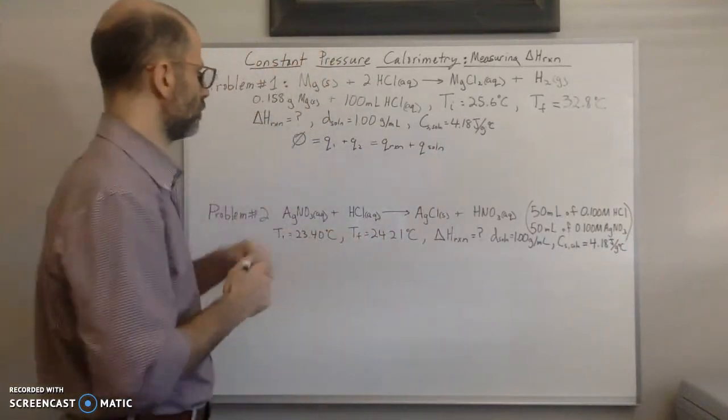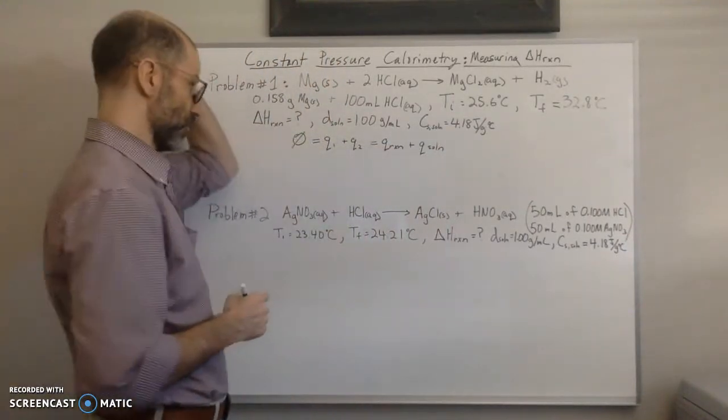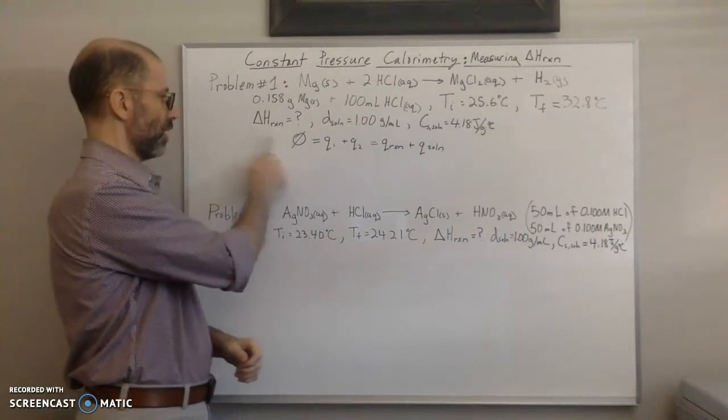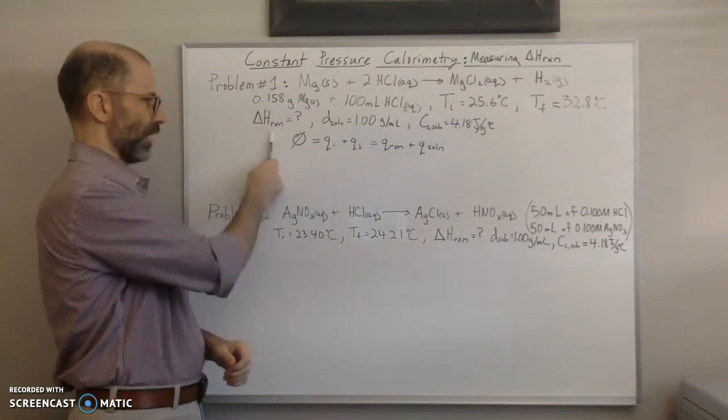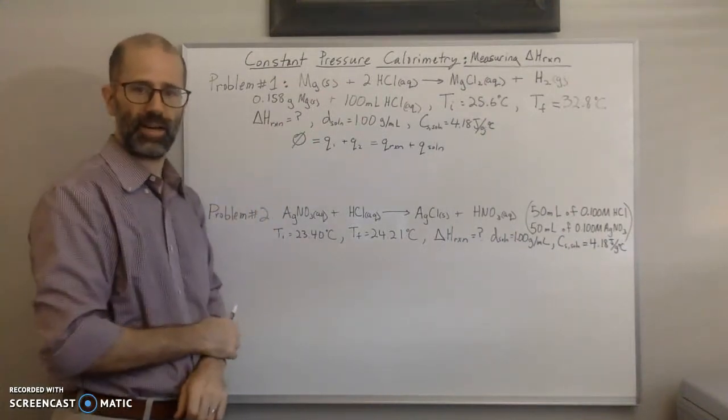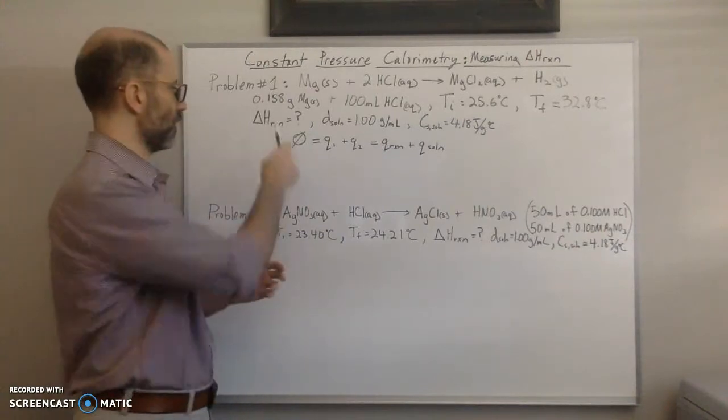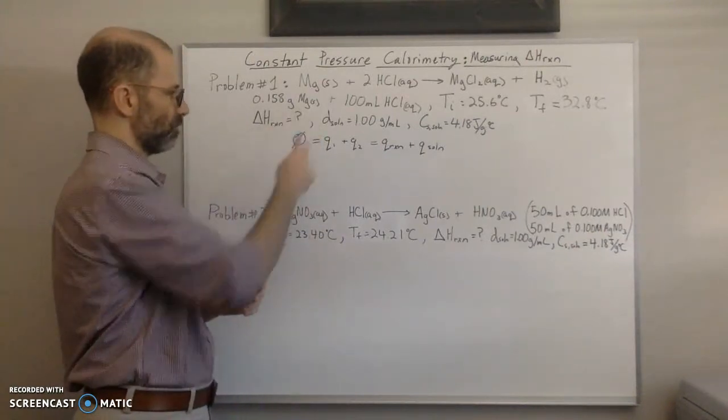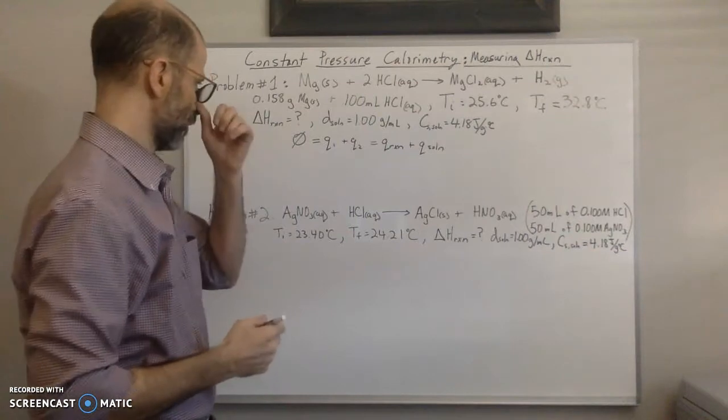And so the Q of the reaction is just going to be the heat from the reaction that we're going to get from the reaction itself, given that we have this amount of magnesium.